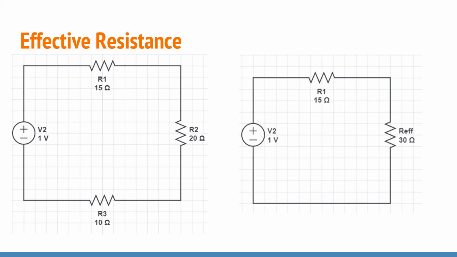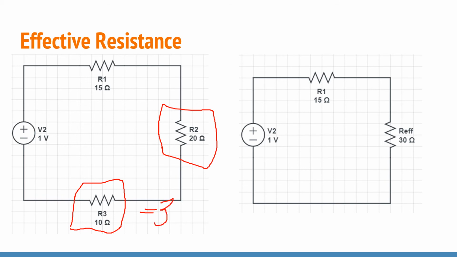Effective resistance, as we just talked about, is the total resistance of any set of resistors. So in this example, if we look at resistor 2 and resistor 3, we could find out the total resistance of these two resistors simply by adding them together because they're in series. And we will find that their total resistance equals 30 ohms.